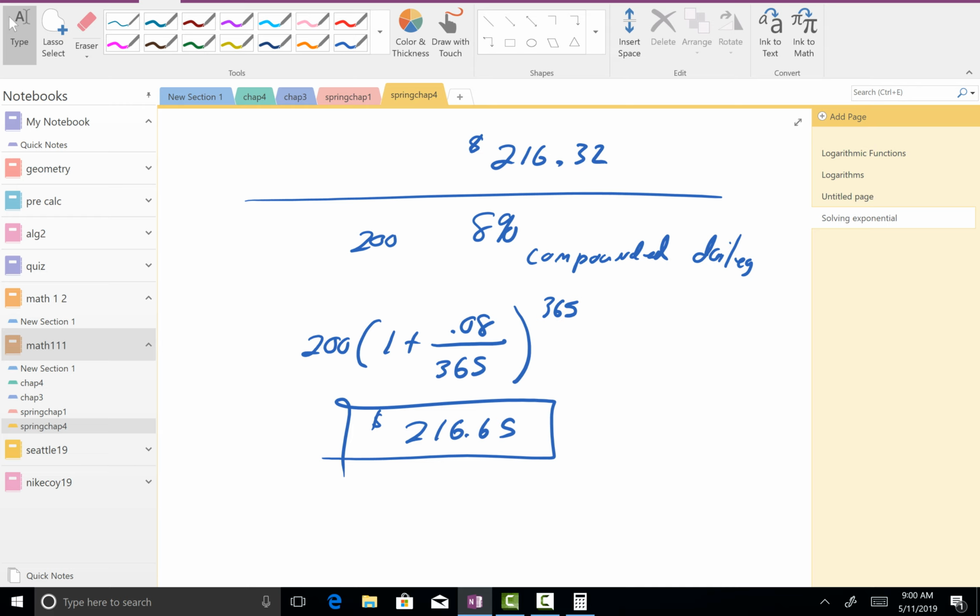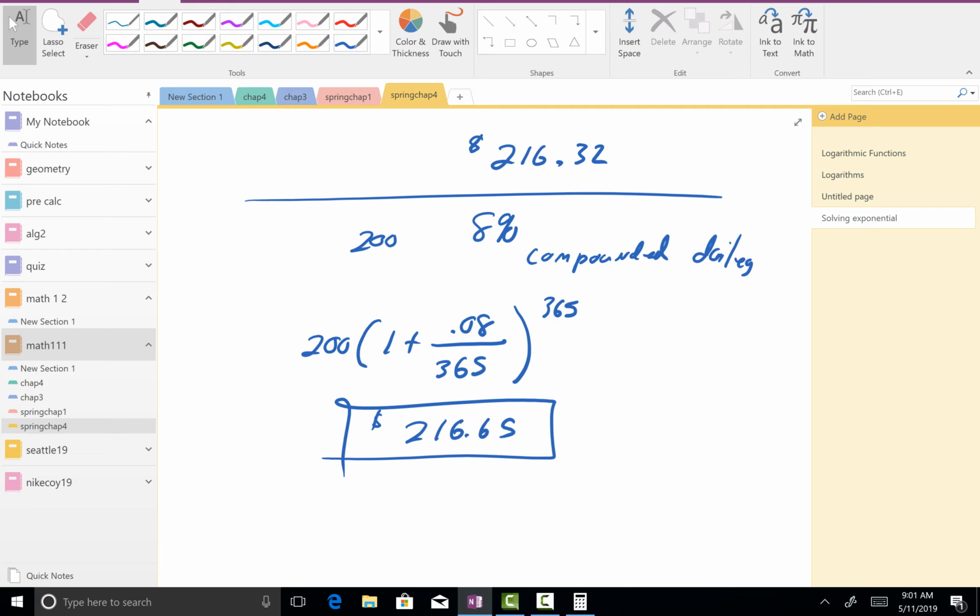Do you see why? Right. You're just dividing that rate by 365, so it becomes much smaller. And that's why.